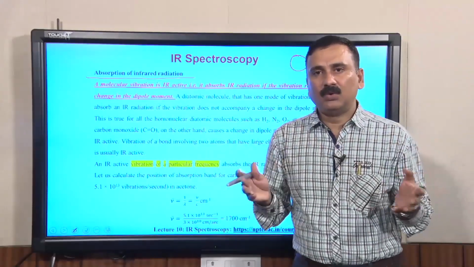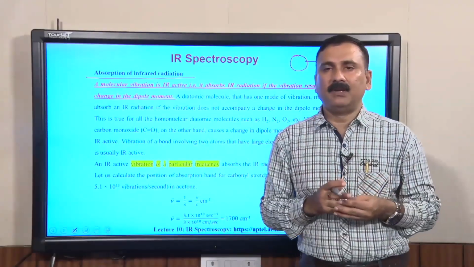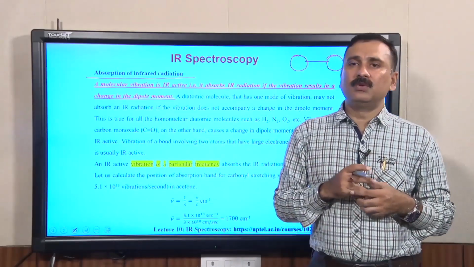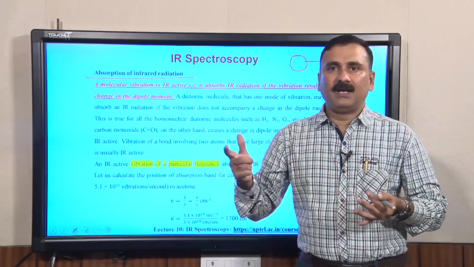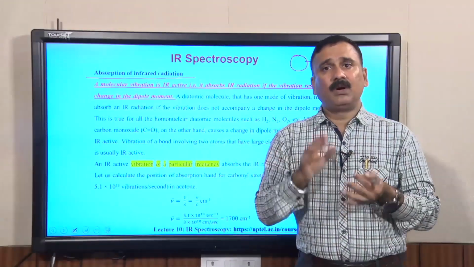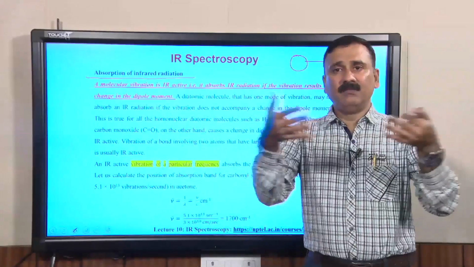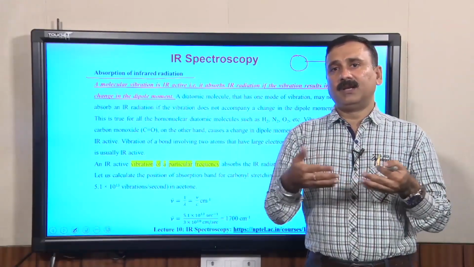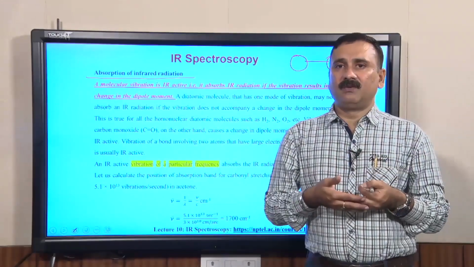If you have non-bonded atoms, like a molecule such as sodium chloride, for example, NaCl is not going to give you IR absorption, because the sodium and the chloride are not forming a molecule, as there is no covalent bond associated with that.